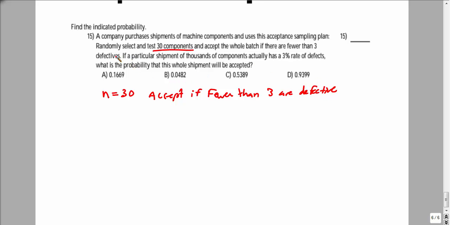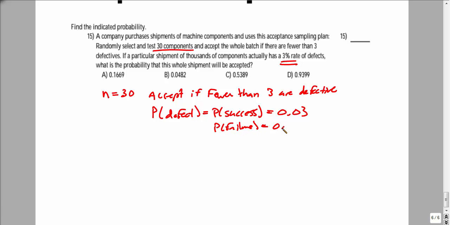Okay, now we talk about here is the probability in the long term of a defect is about 3%. So the probability of a defect is our probability of a success here, because that's what we're counting, and that's equal to 0.03. So the probability of a failure then is 0.97.